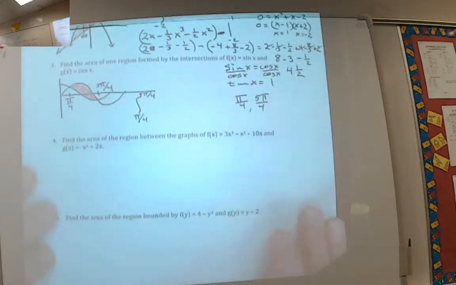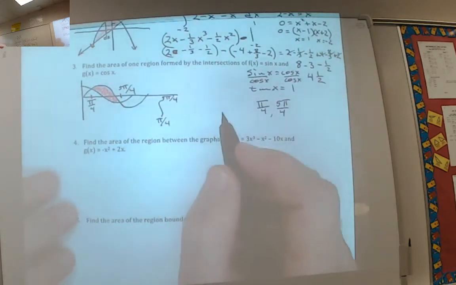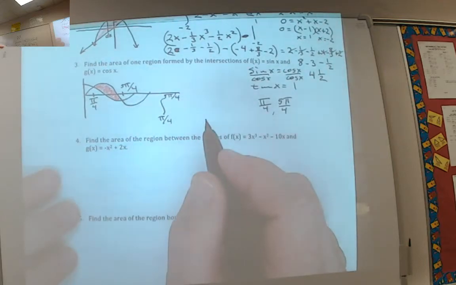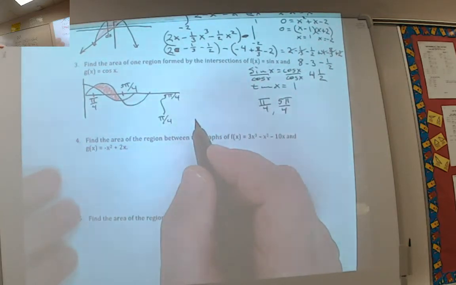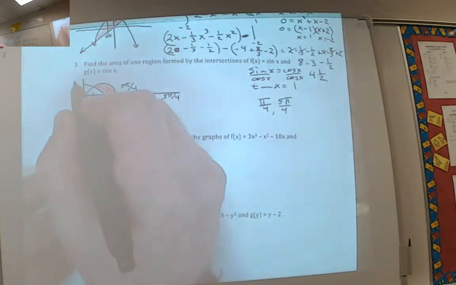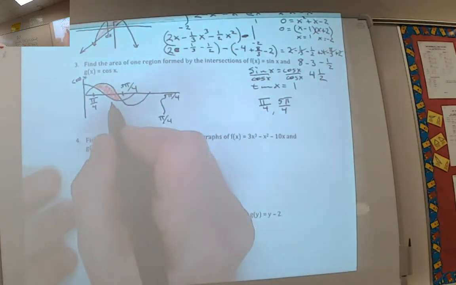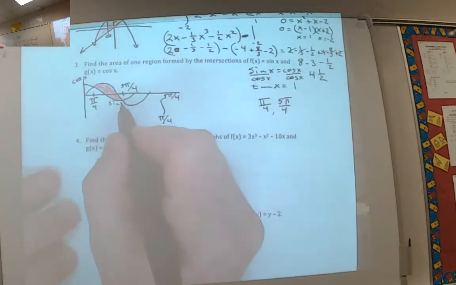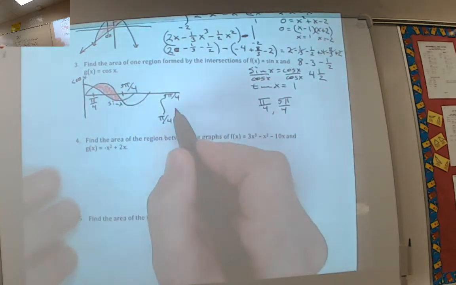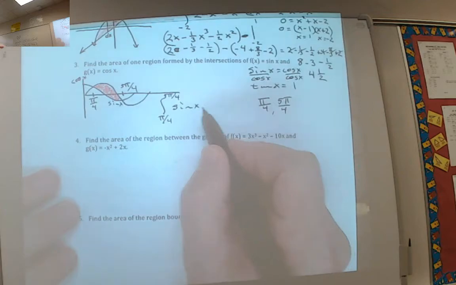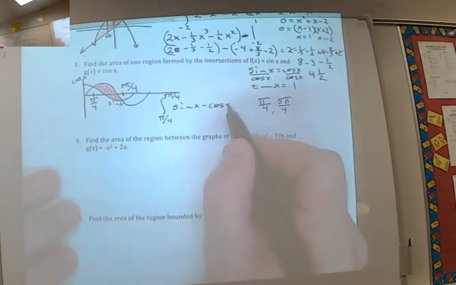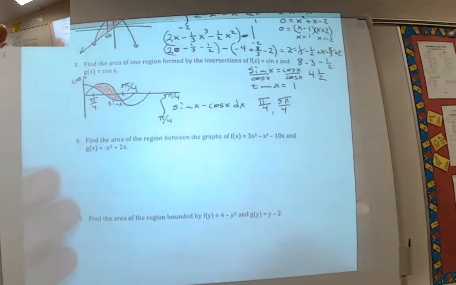What minus what? Cosine is this one because it starts at 1, and sine is this one because it starts at 0. So it would be the integral of sine of x minus cosine x dx. Perfect.